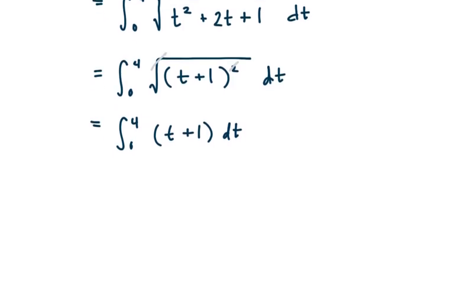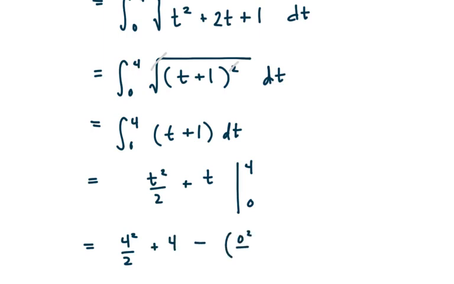The integral of t is t squared over 2, and the integral of 1 is just t. So we need to evaluate this from 4 to 0. And I get 4 squared over 2 plus 4 minus 0 squared over 2 plus 0. And that is all 0, so I have 16 divided by 2, 8 plus 4. My arc length is 12.